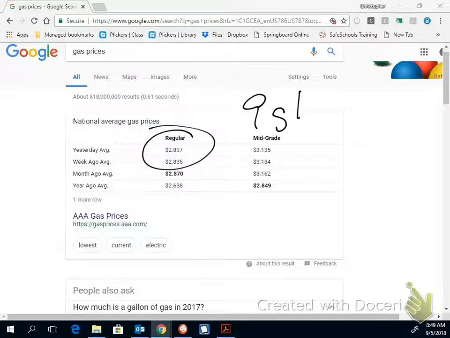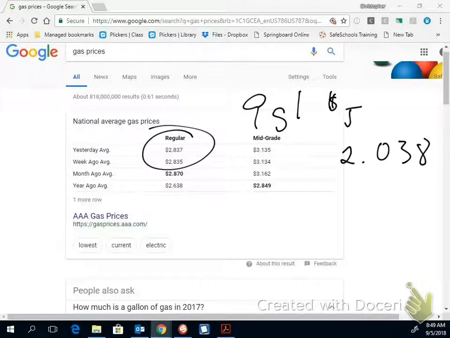So by the time I'm done, if I say, hey, I just want $5 worth of gas because I have an electric car, that's probably 2.038 gallons of gasoline by the time it's done.